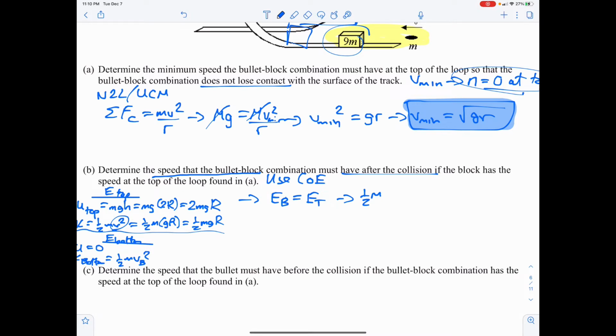So 1/2 m times v_b squared is equal to, now the energy at the top would be the sum of those two. So 2mgr plus 1/2 mgr, which, we said earlier, is 5/2 mgr. So we have 1/2 m v_b squared equals 5/2 mgr.